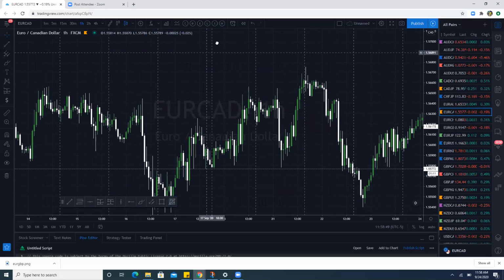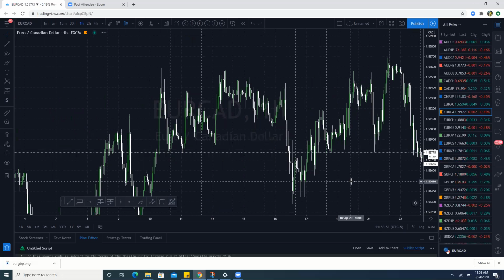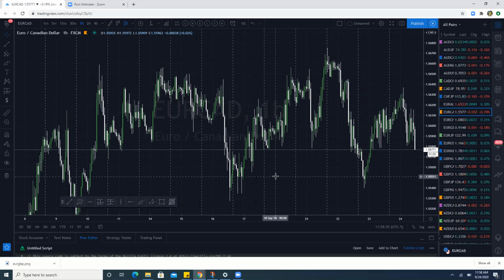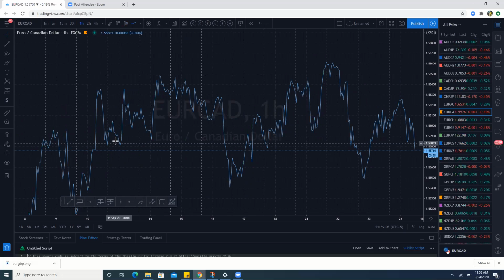So we're going to go down to EuroCAD, and we're just going to bring this together a little bit. If this is a little bit too confusing for you, what you can always do is go to the line chart and look for points of interest with the line chart. It's going to be less noise to go off of.